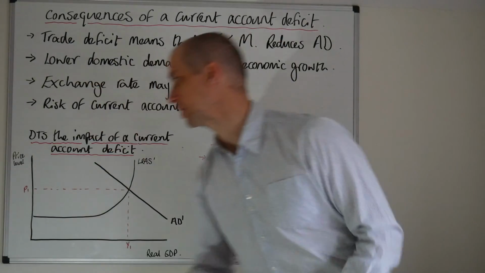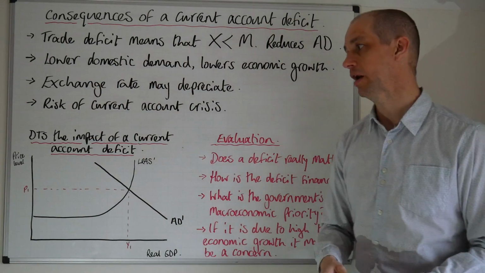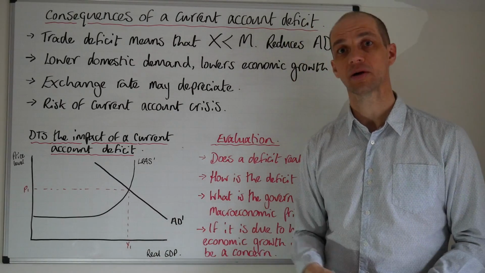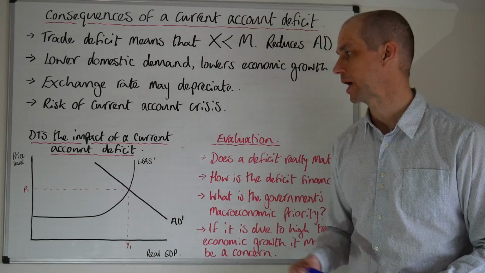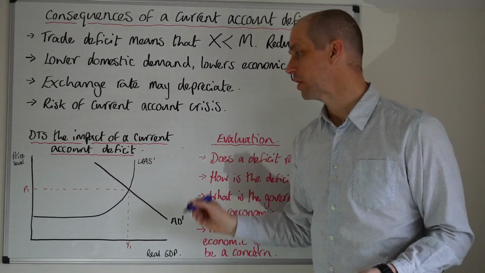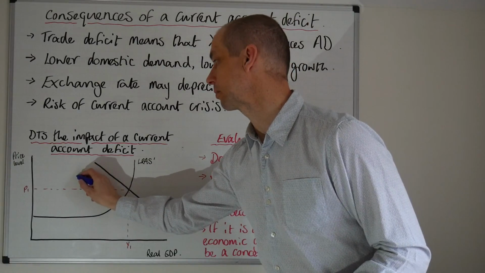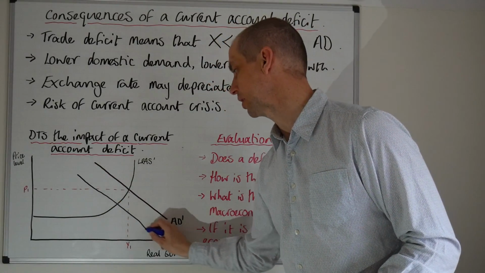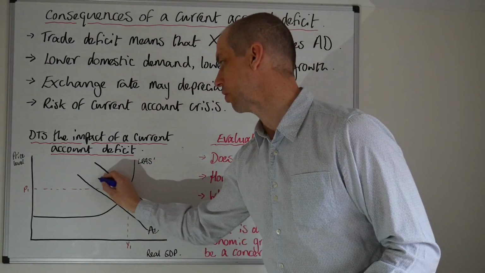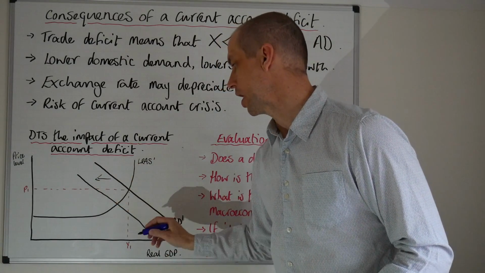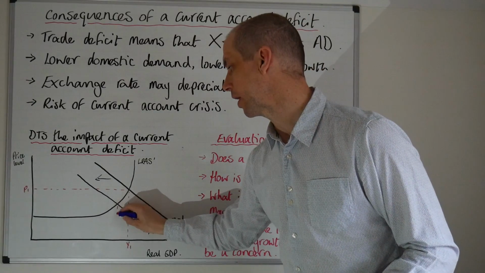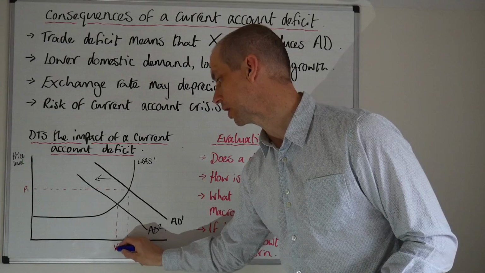Now we can highlight this diagrammatically just down here. Here you can see I've just got a long-run aggregate supply curve, a Keynesian long-run aggregate supply curve, and an aggregate demand curve. If we're talking about running a persistent current account deficit, we would see a shift to the left of our aggregate demand, and we would see a reduced level of real GDP in the economy.